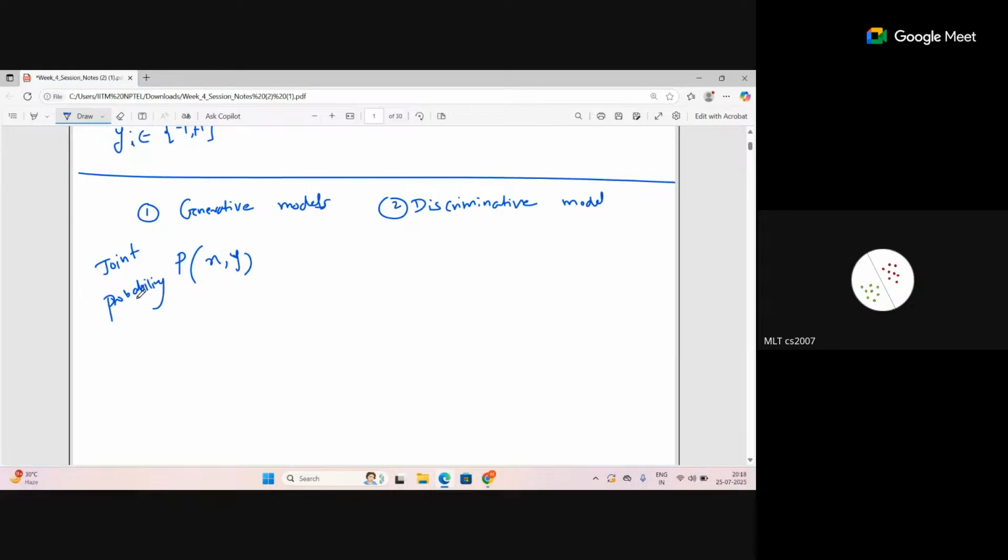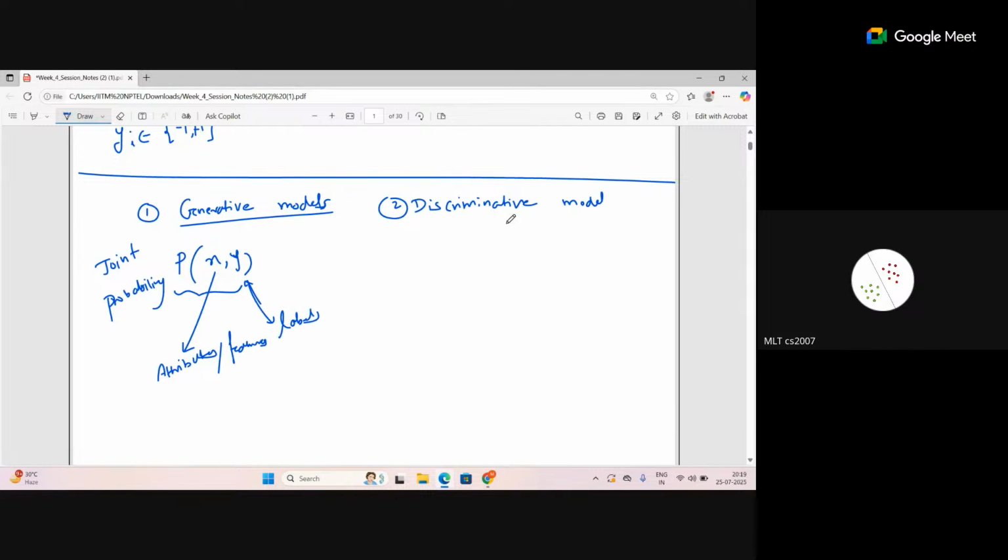So, what does that mean? Given a data point and its corresponding label, what is the probability that this certain data point with this label occurs? We will try to understand through the example in your lectures as well. Generative models are those where you try to calculate the joint density between the attributes or features, the data points, and the corresponding labels.